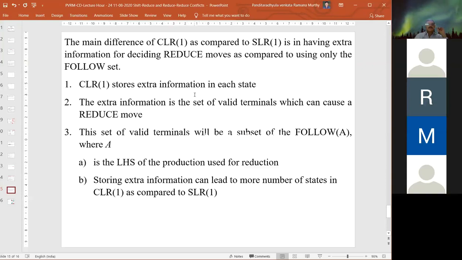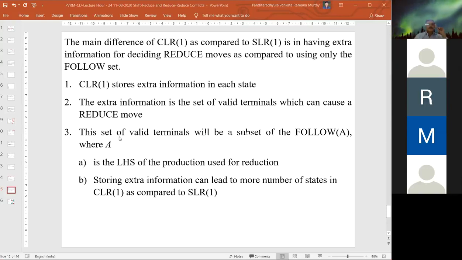CLR1 stores extra information in each state. This extra information is the set of valid terminals which can cause a reduce move. I will show that once again in the next slide.